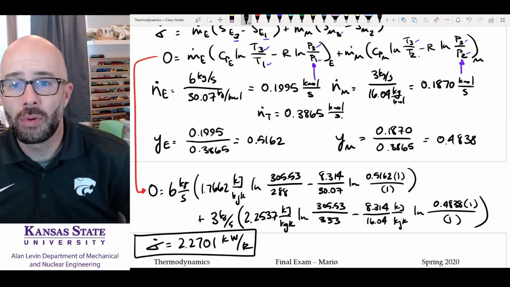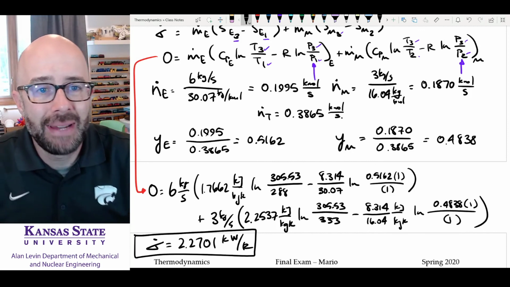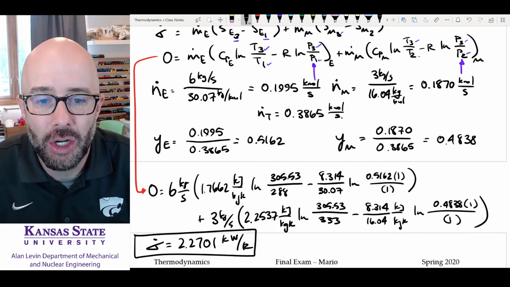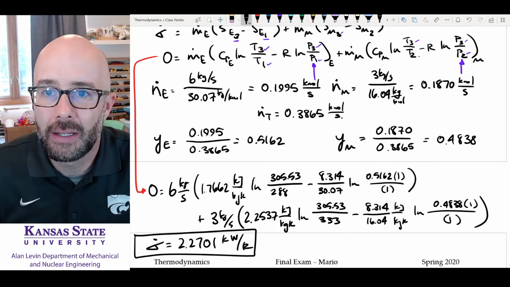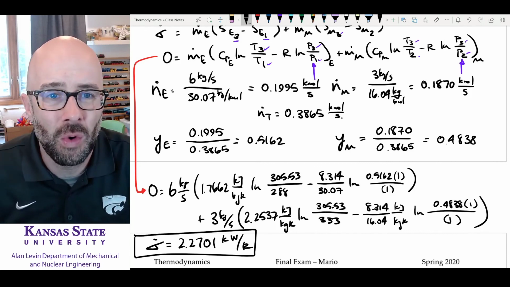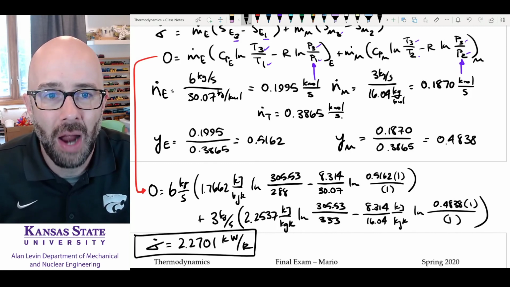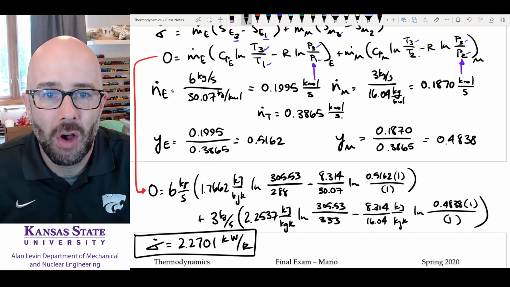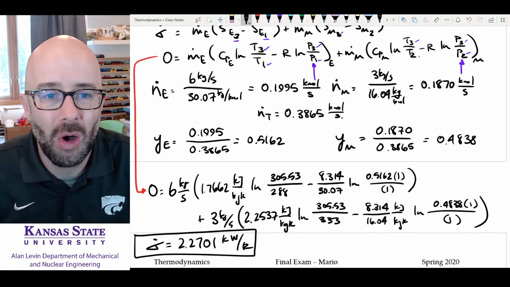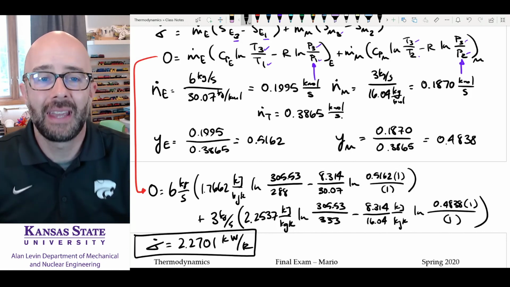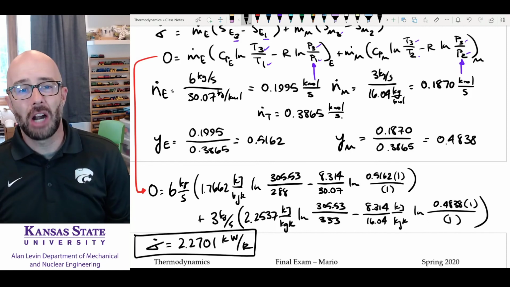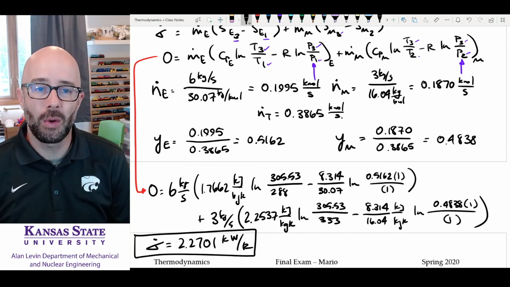Okay. Good problem, long problem. It touches on mixing of ideal gases. You must understand what we're doing there to be successful. A problem like this you've seen on other practice exams involving mole fraction. Again, this is doing constant specific heat. If we're doing a variable specific heat problem, how would we solve it?